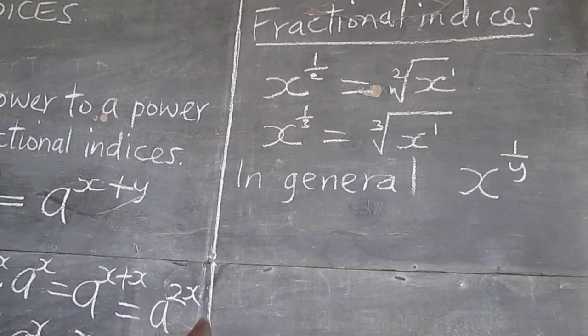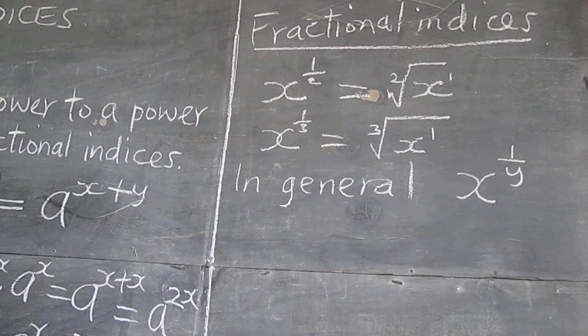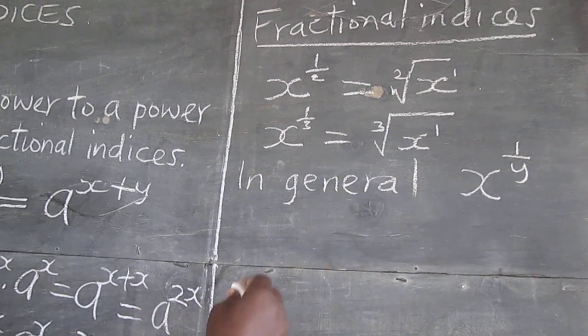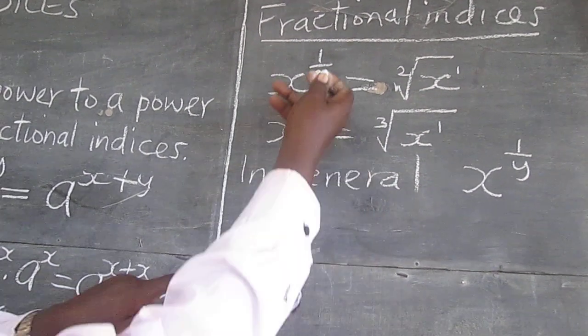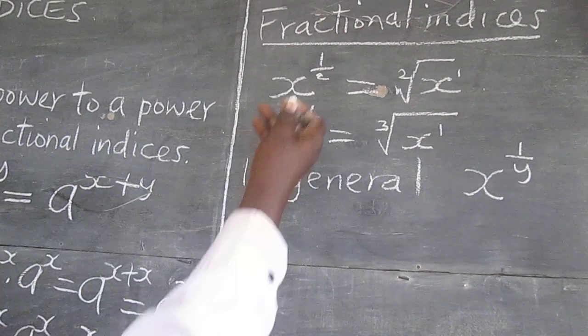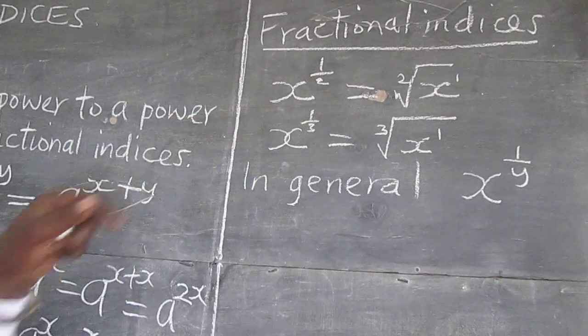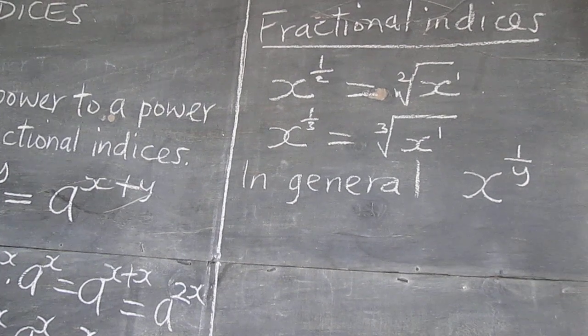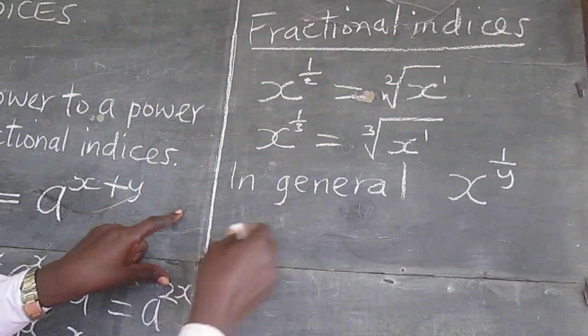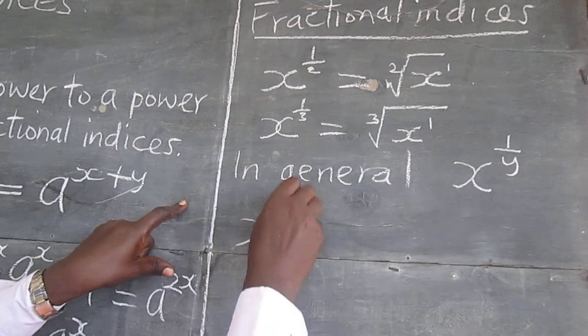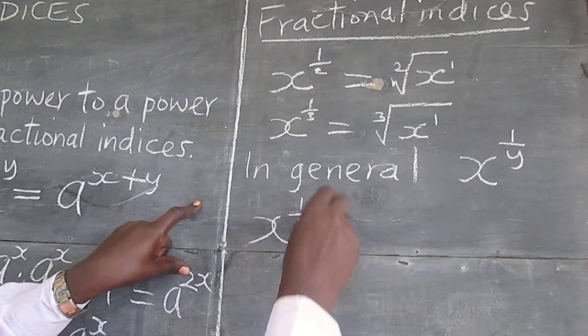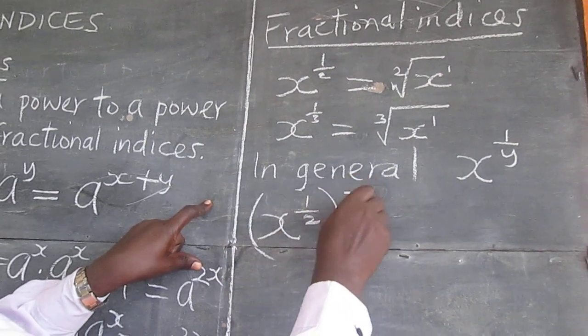The same can be moved a little bit further, where, for example, we square or cube x power half, and then we apply the law we have just done here. Suppose you are given x raised to the power of a half, and we are asked to cube this one.